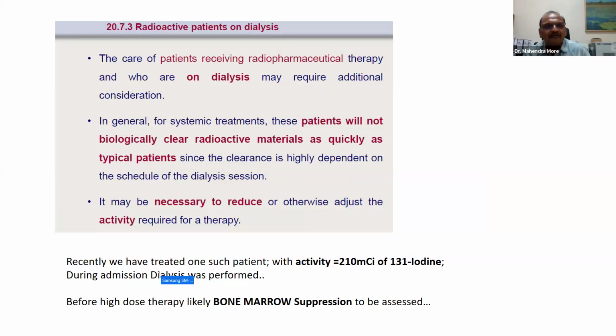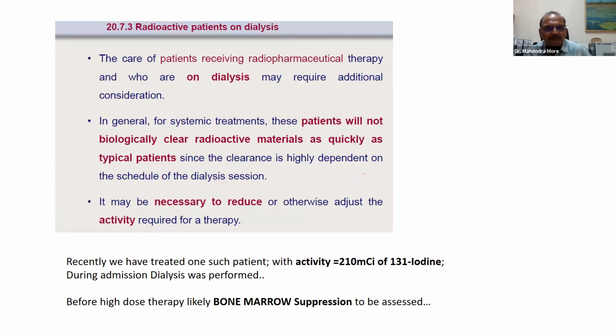So this is interesting, as I told you that one case was there. The patient was on dialysis, so we had to give radioiodine therapy. We administered around 210 millicurie of iodine orally, and dialysis was also performed during the study with proper precautions.